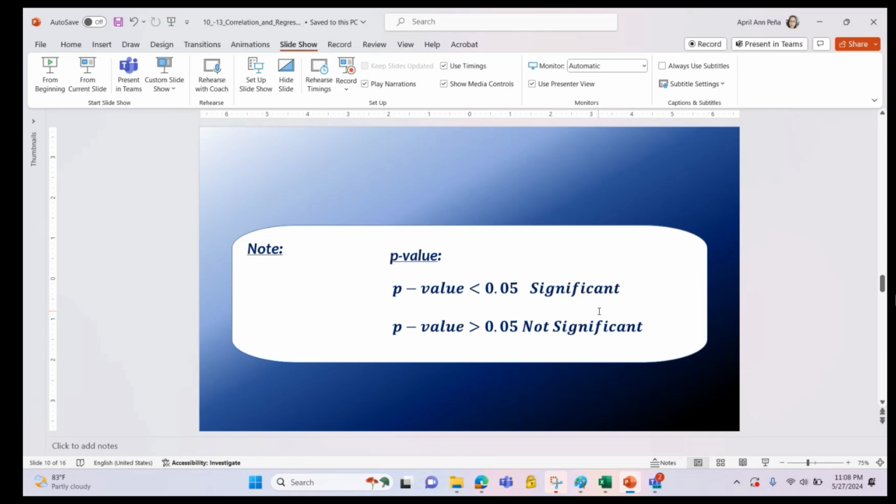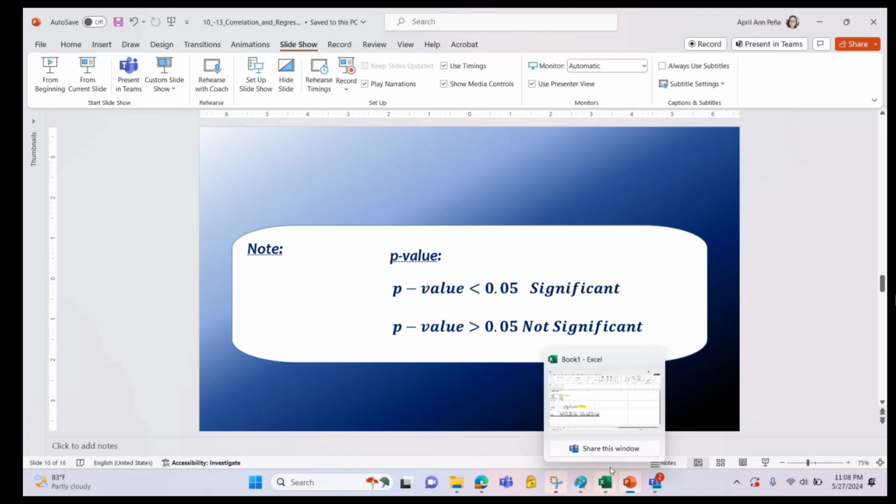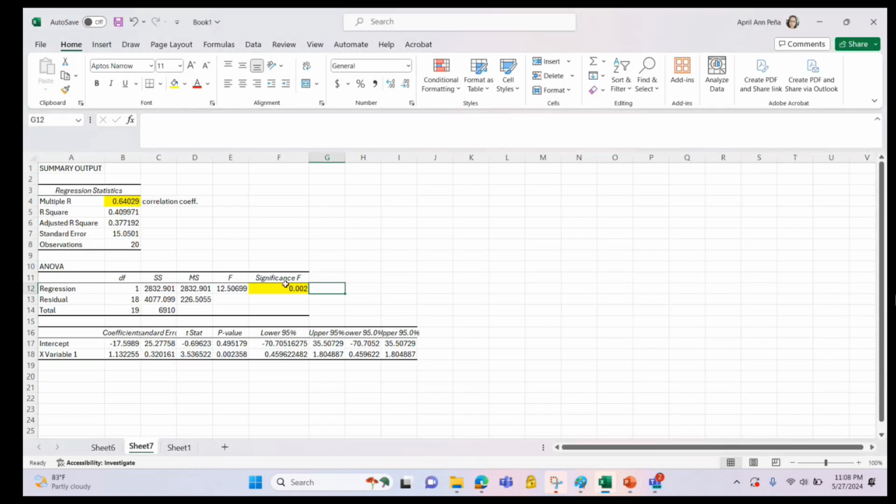The result of what? The result of the correlation. If the result of the correlation is significant, then we can interpret the correlation coefficient. So just like in our Excel, we found out that the significance is 0.002.